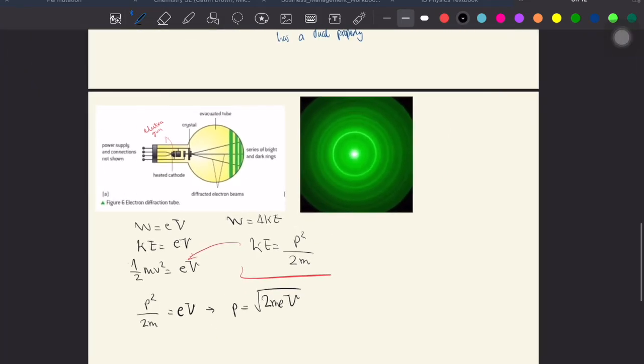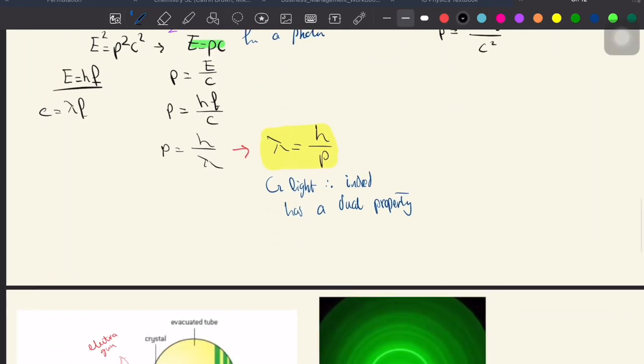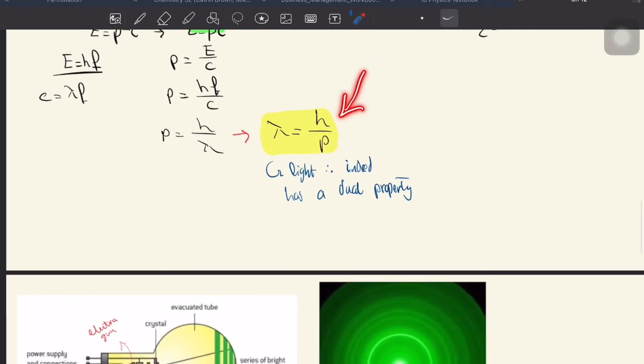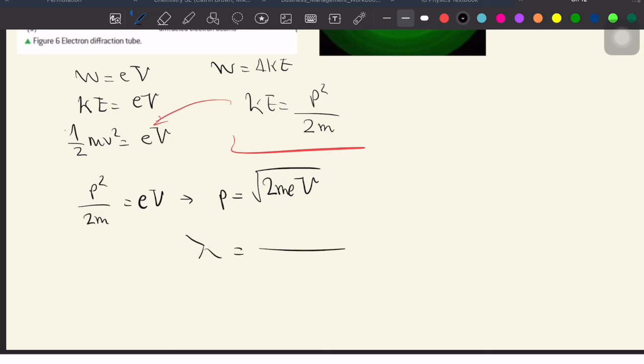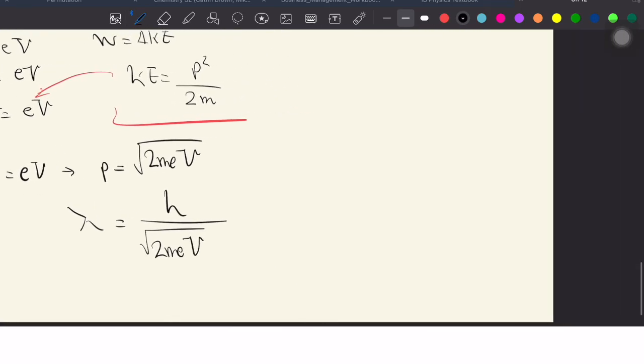And remember that equation we got, yeah, this one. And so lambda is equal to h over √(2meV).